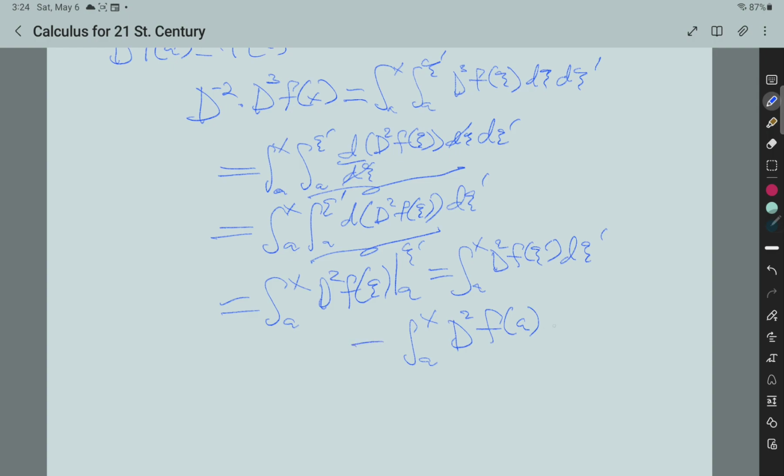This is a subtraction, minus f of a dc prime. Okay, since this object here is just a constant, it's been evaluated at f of a, you can bring this part outside the integral.